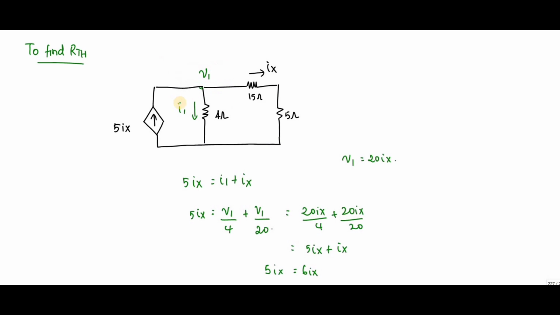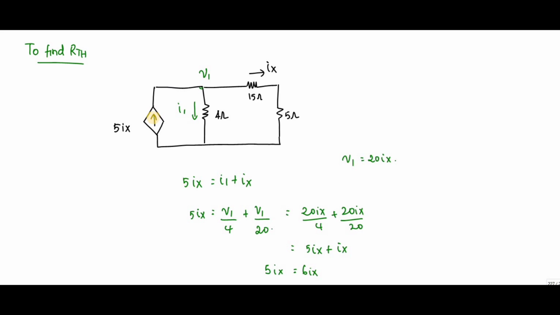Therefore ix is equal to 0. So that is true whenever the ix value is 0. If ix is 0, obviously V1 is also 0. If V1 is 0, then this is also 0.